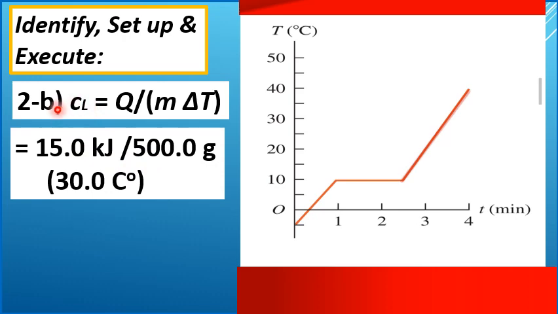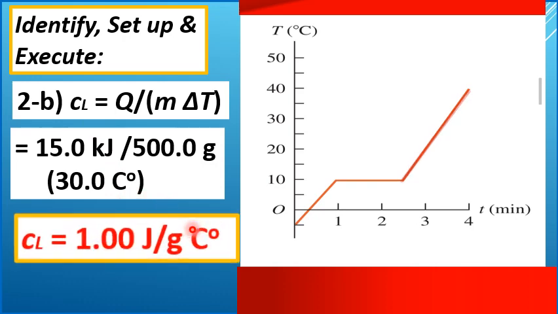Computing for this value of C sub L, we get 1.00 joules per gram Celsius degree. That is the specific heat of the substance when it is in its liquid state.